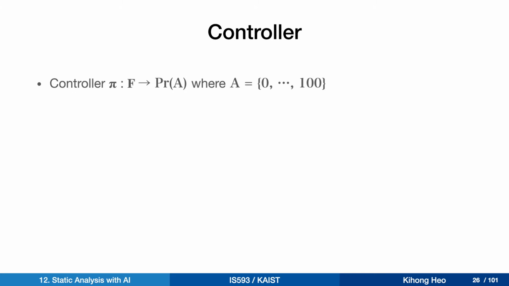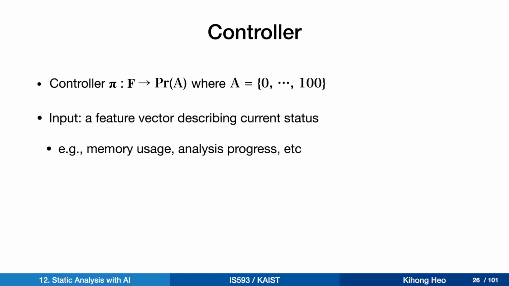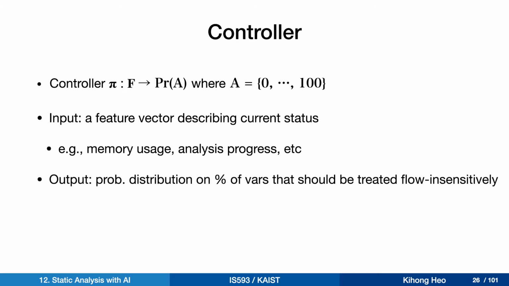Then the central part of this work is to learn this controller. It takes a feature vector as an input that describes the current status such as memory usage and analysis progress and so on. Then this controller outputs the probability distribution on the range between 0 and 100.